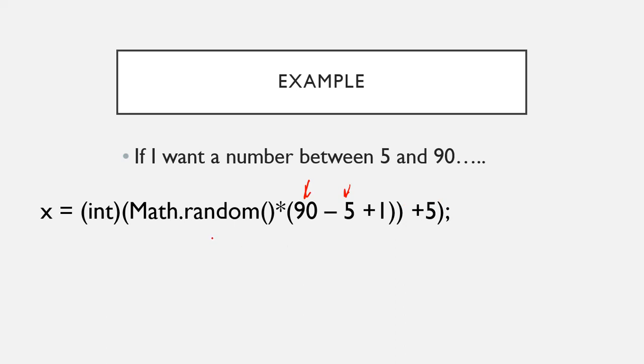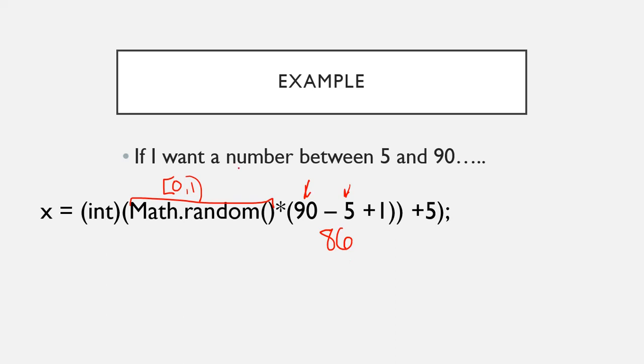Here's what's actually happening in this formula so you can understand the math behind it. Math.random will generate a number between 0 and 1, but not including 1. So 0.0 to 0.9999999, not getting up to 1. What this is going to do is make the highest number 86.